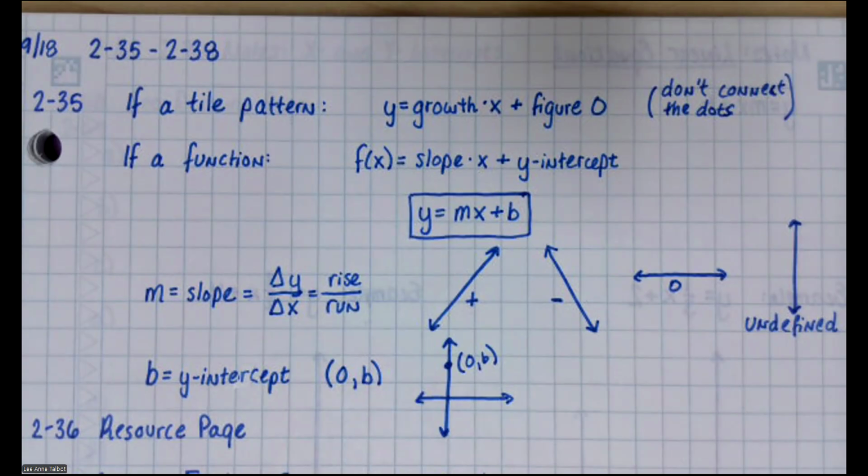Okay, now if you guys could, as soon as you're situated with this, switch back over to the resource page in your packet for number 36. And we're going to use this information that we just wrote in number 35 to graph a bunch of lines on number 36.